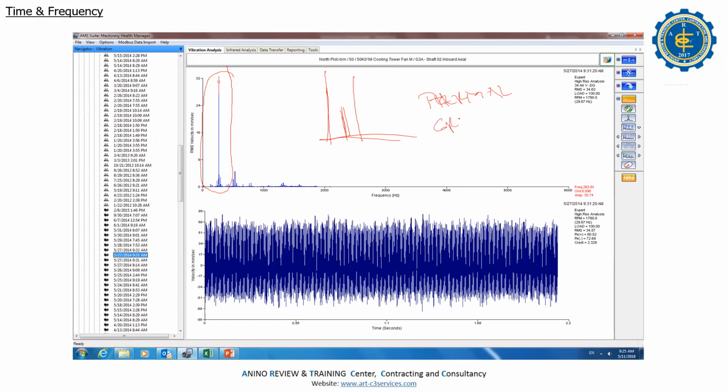So also consider this one: just monitor the thermal growth, because if it's hot, take the reading; if it's cold, take the reading. Don't be afraid if it's misaligned, and then you have the cold weather or hot weather. You must consider the thermal growth.